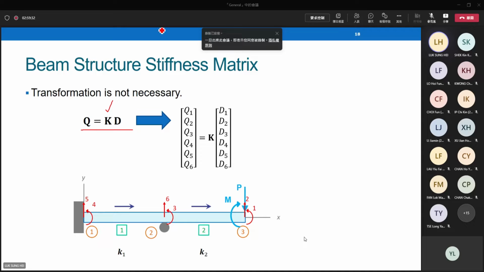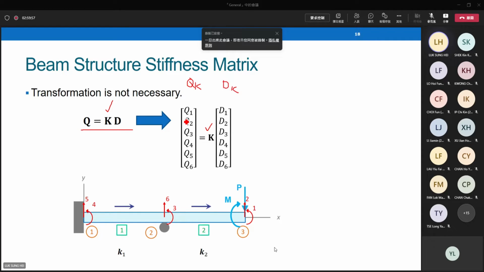Say, for example, find out the structure series matrix, the known force vector, the known displacement vector. Then use the known information to solve the unknown displacement and unknown reactions.